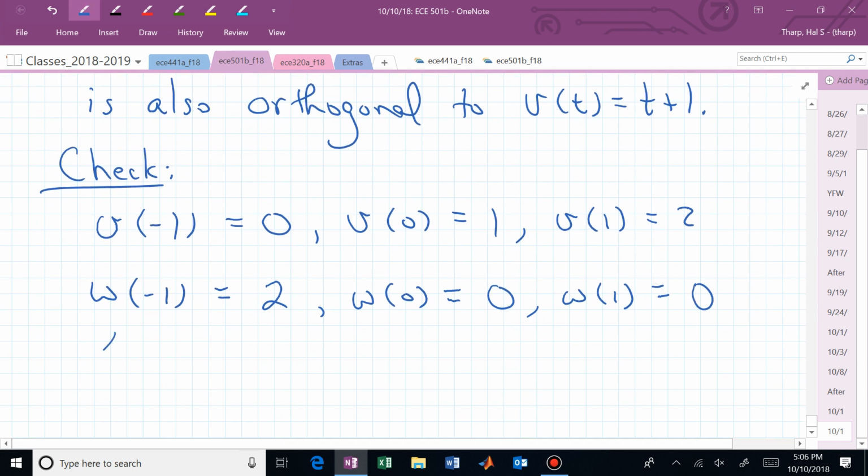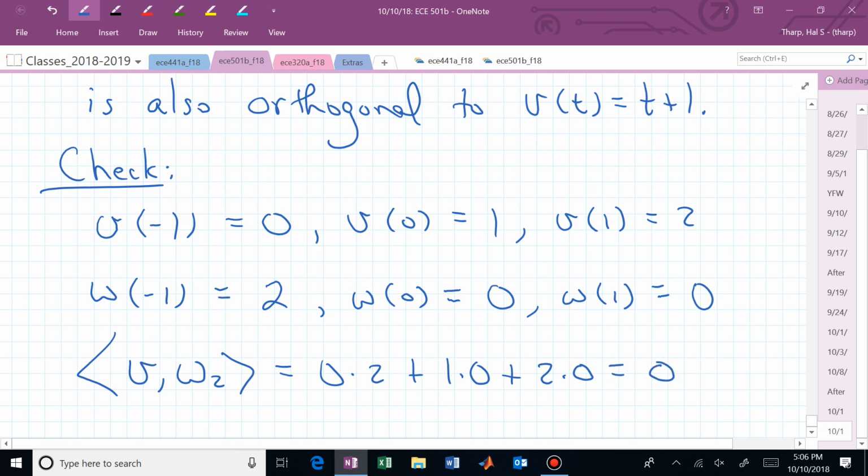So that now, if I looked at V inner product with W2, a lot of things collapse. I have 0 times 2 plus 1 times 0 plus 2 times 0, and that's equal to 0, which is what we wanted, right? We needed it to be orthogonal.